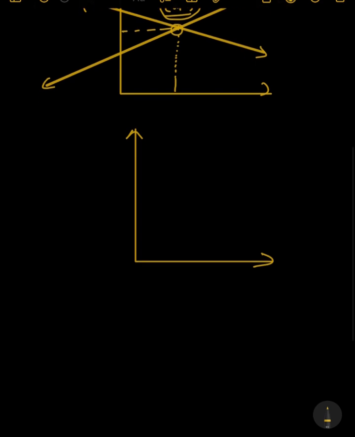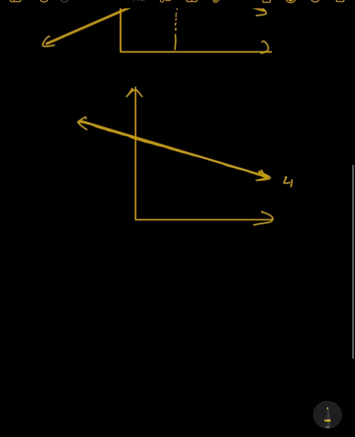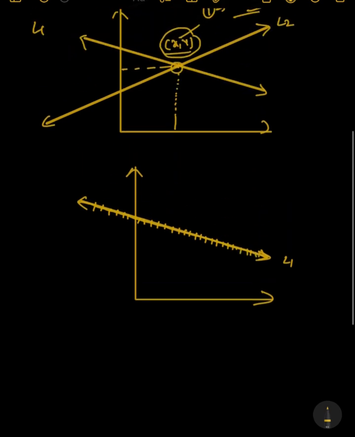Suppose next time we plot like this, first line for equation 1, and again for the second line we are getting the same line, meaning two lines overlapping or coinciding with each other. Then in that case there are an infinite number of points meeting each other.